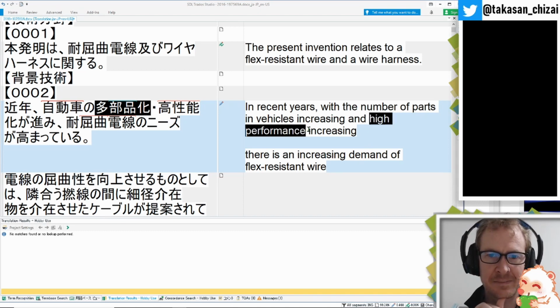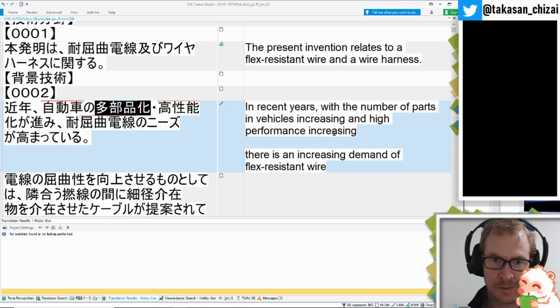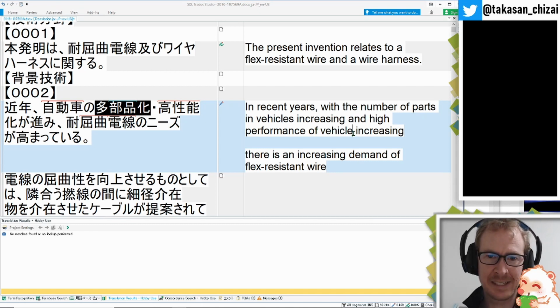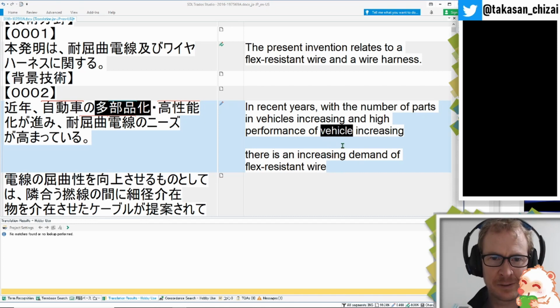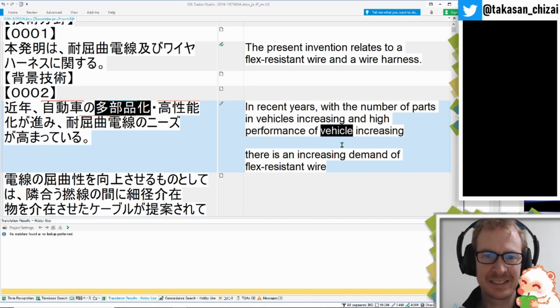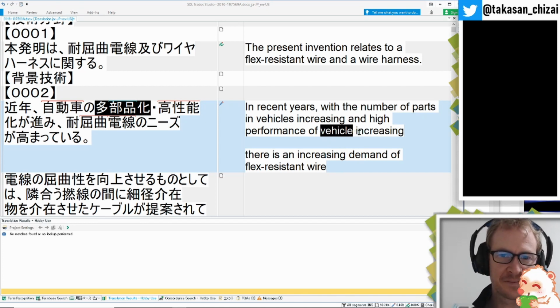But I guess we can keep it because this is kind of just one word, high performance increasing. High performance of vehicles. We'll put vehicles here just to make sure we have each part of the sentence logical. If we didn't have vehicle here, it would seem a bit weird. So more natural, add vehicle.